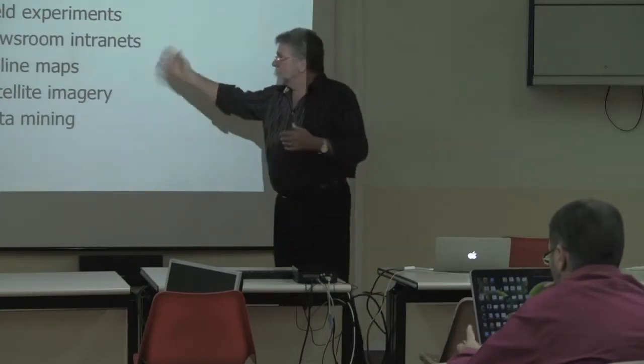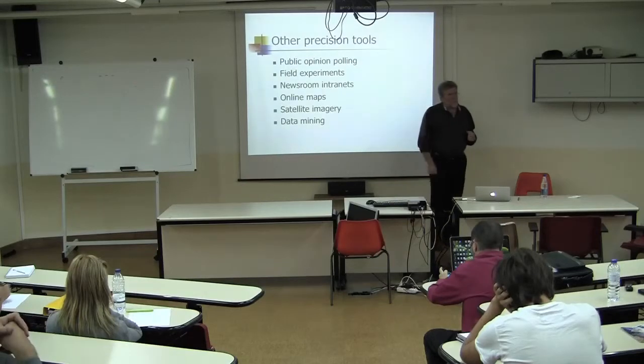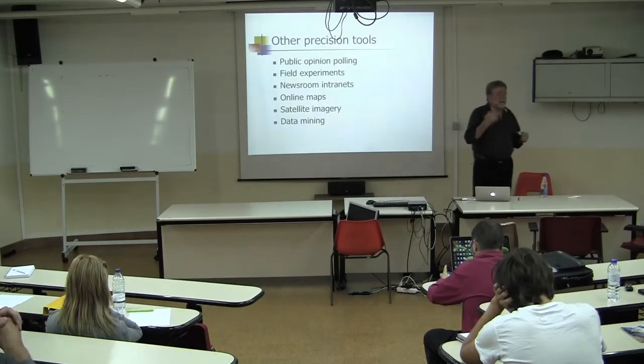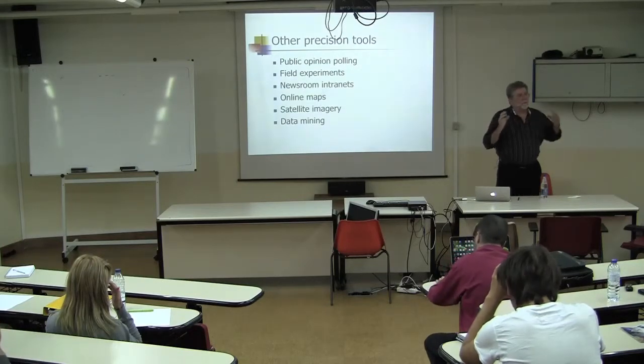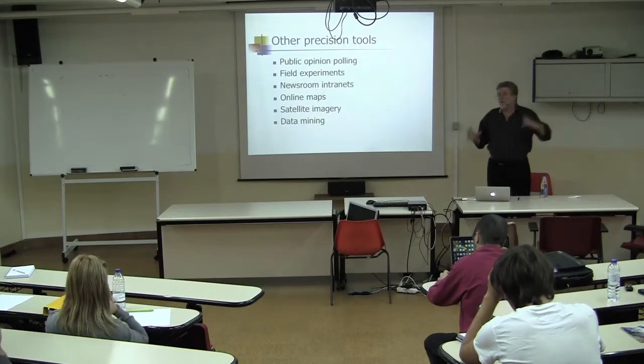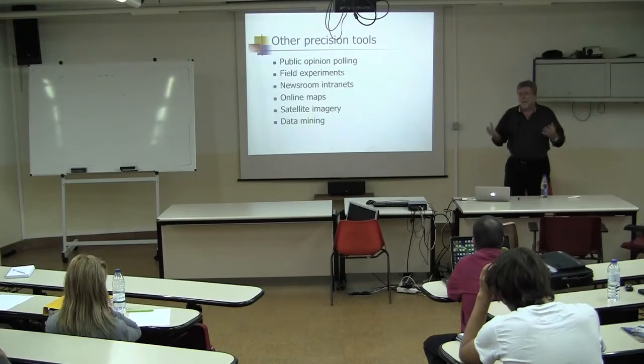Mentioned intranets, creating online maps, satellite imagery. There are reporters who are using satellite imagery to, one great example, measure the shrinkage of the Everglades in South Florida. The Everglades is this huge watery area that's very important to the ecology of Florida.